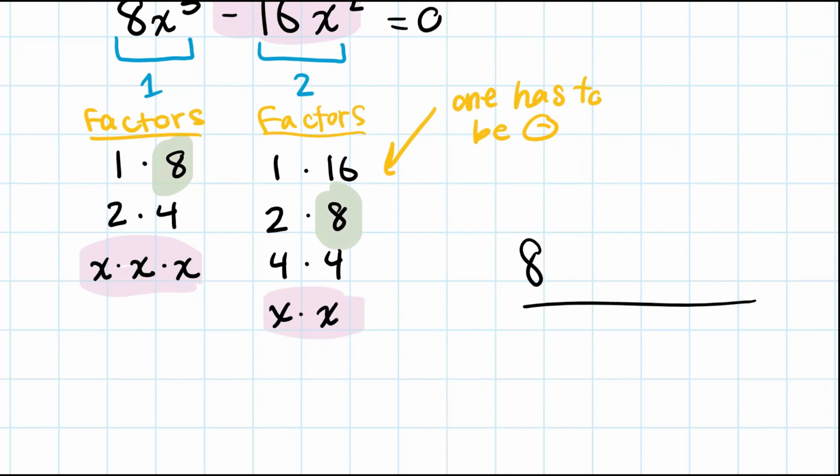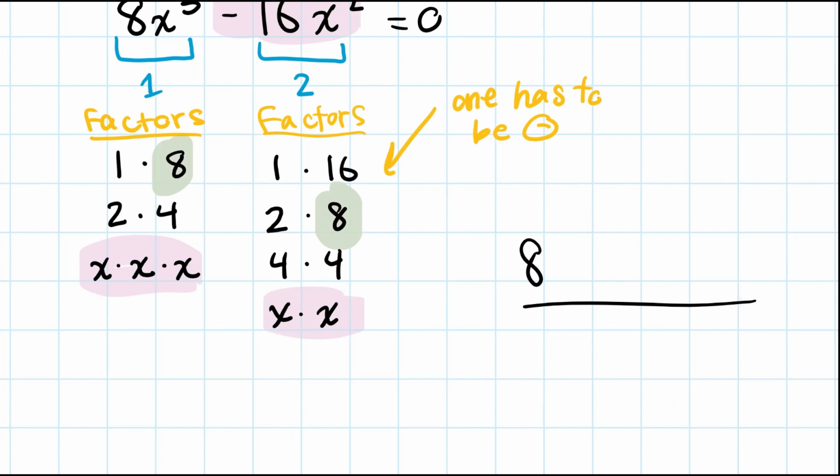Now what can we do with the x's? Can we factor out any x's? Remember, we're looking for the greatest common. So, are there common x's between term 1 and term 2? I'd say so, right? Because if they both have x's, then technically we can take some of those x's out.